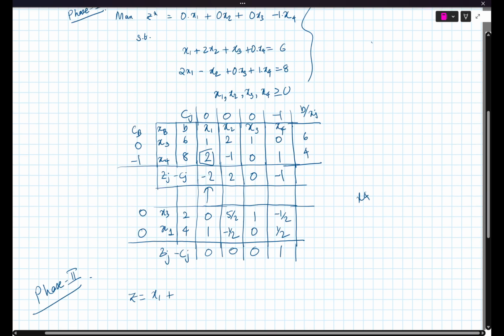So let's replace x4 by this x1. So how do I do that?